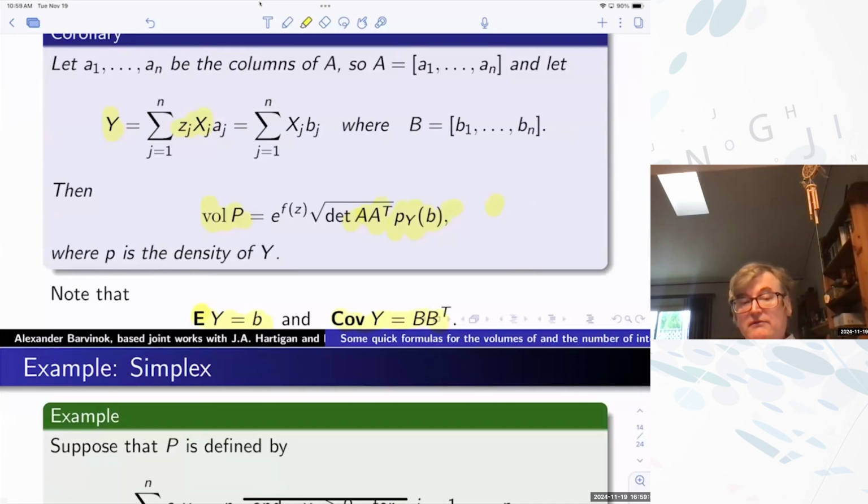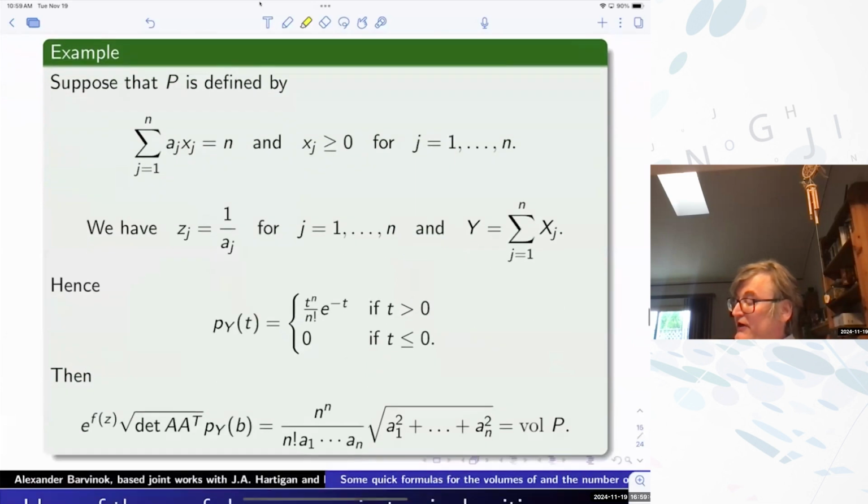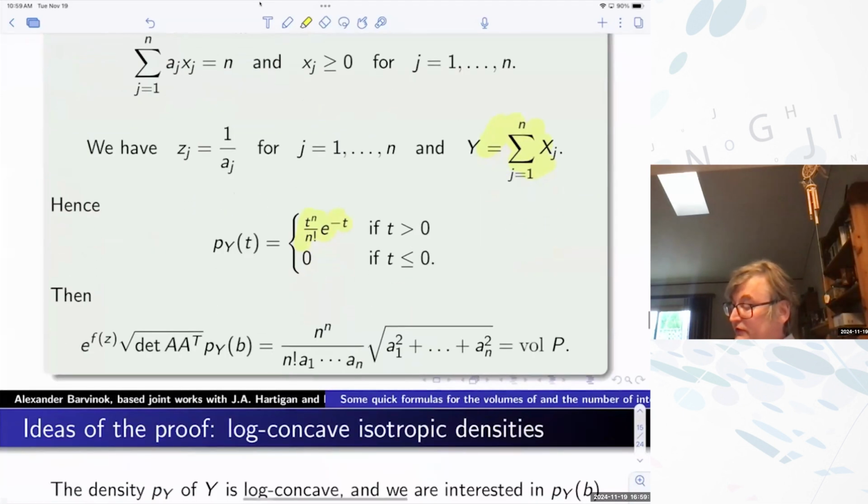And there are bounds for that. So for example, I did that for the simplex here, then you can actually compute that density. That's exactly the gamma density, the sum of independent exponentials. And of course, the volume is expressed in terms of the gamma density at its expectation.